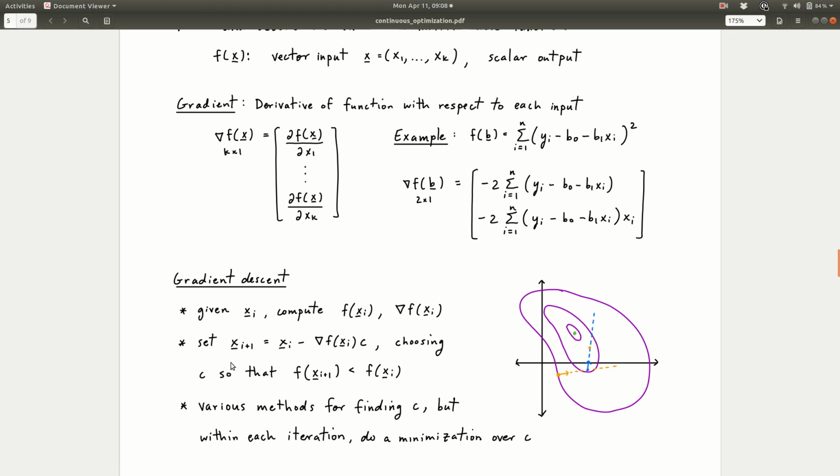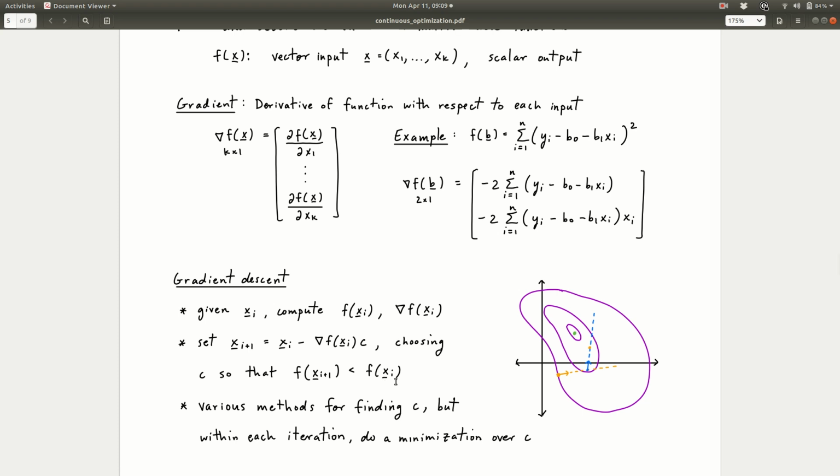So here we set x_{i+1} to be x_i minus the gradient times a constant. So the constant is how far you move along the gradient. And we make sure we choose the constant so that the new value of the function over here is smaller than the previous value. And again, there are various ways of trying to do this.